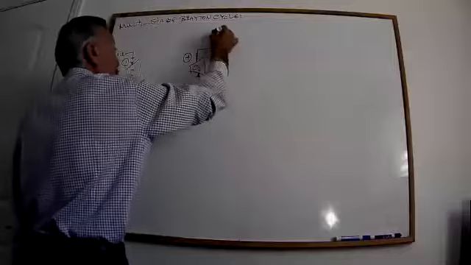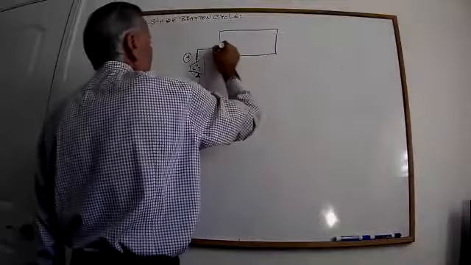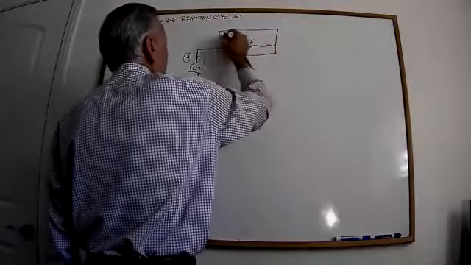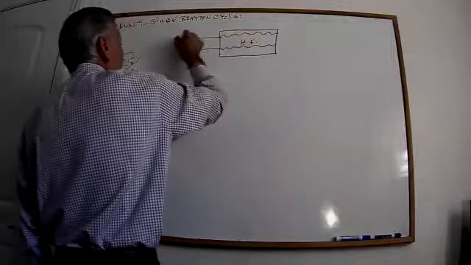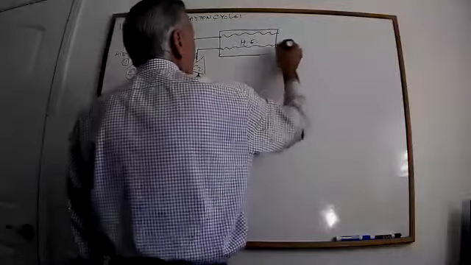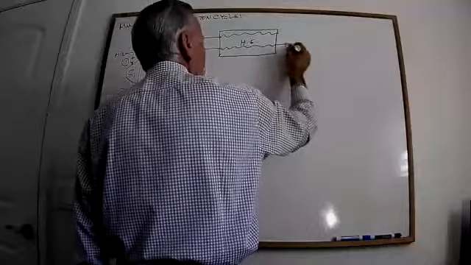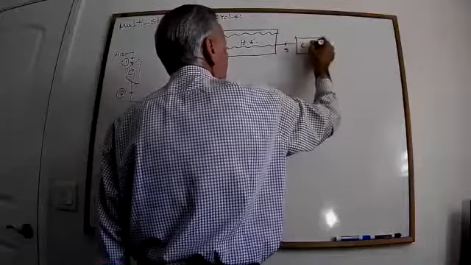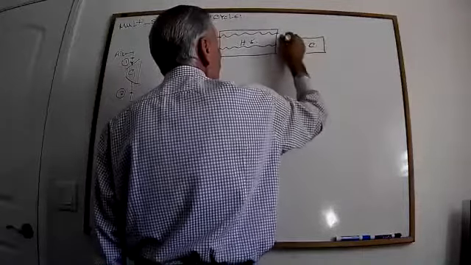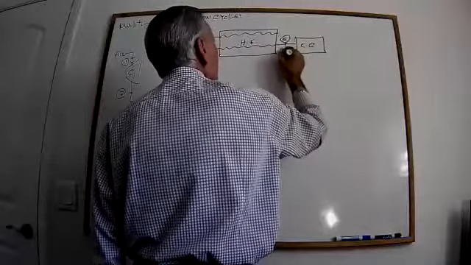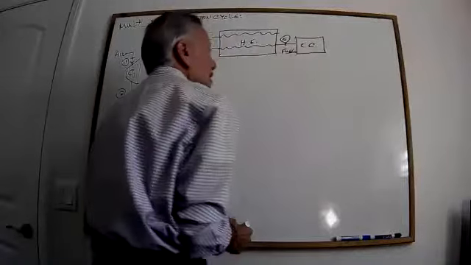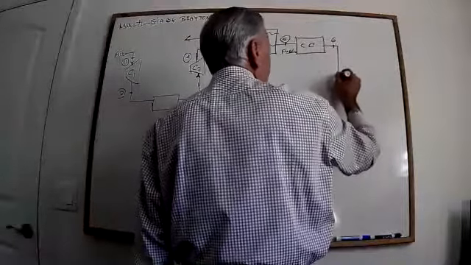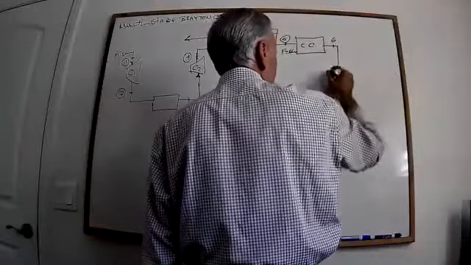And I'm going to use that heat exchanger again. So I come out at point 5. Now into the combustion chamber, adding, of course, fuel. Then I come out at point 6, going to my first turbine.